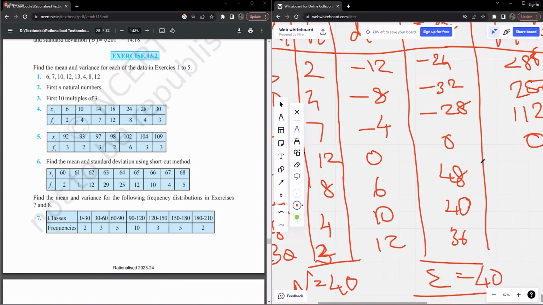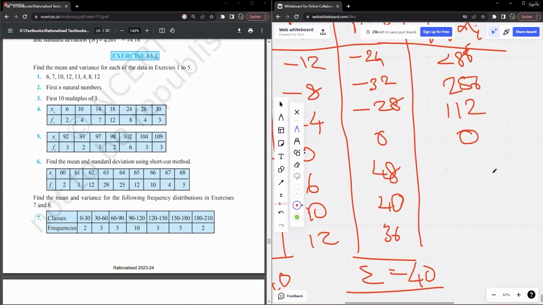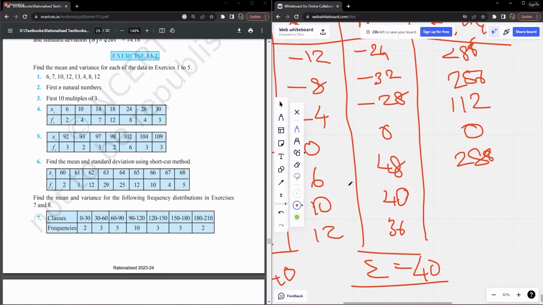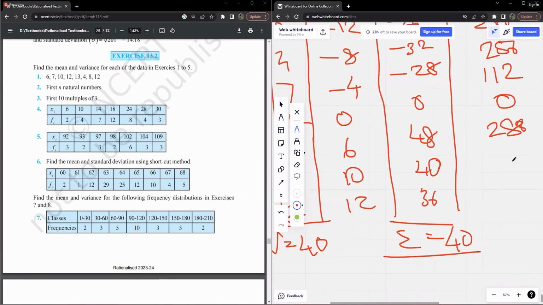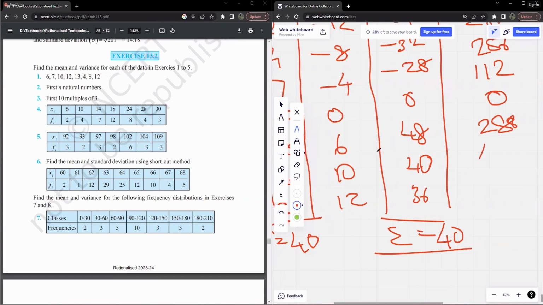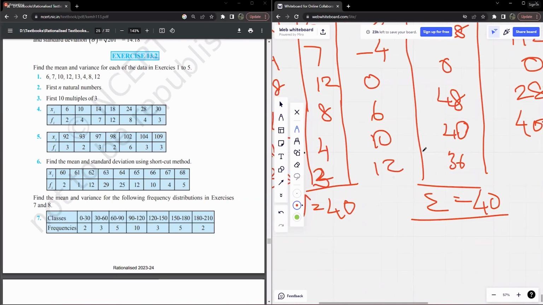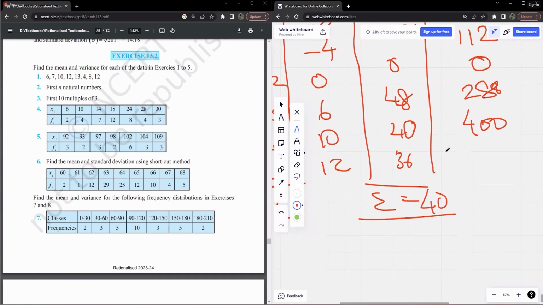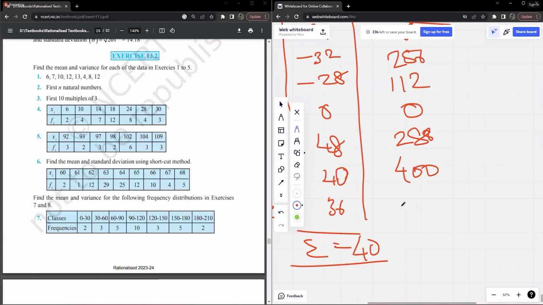Right? 36 into 8, which is 288 again. Right? Then this is 100 times 4, which is basically 400. Lastly, this is 144 into 3, that is 288 plus 144. That is going to be 432. Whose sum is then going to be 1776.